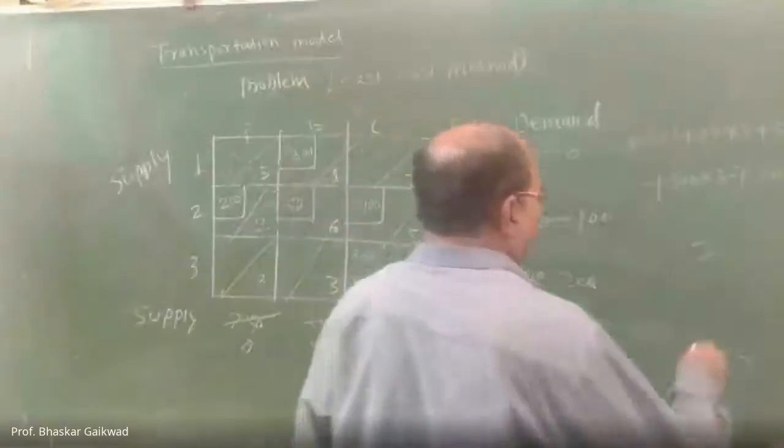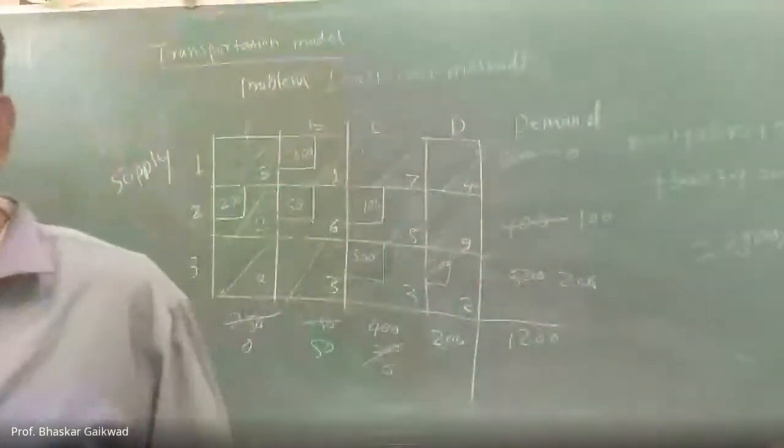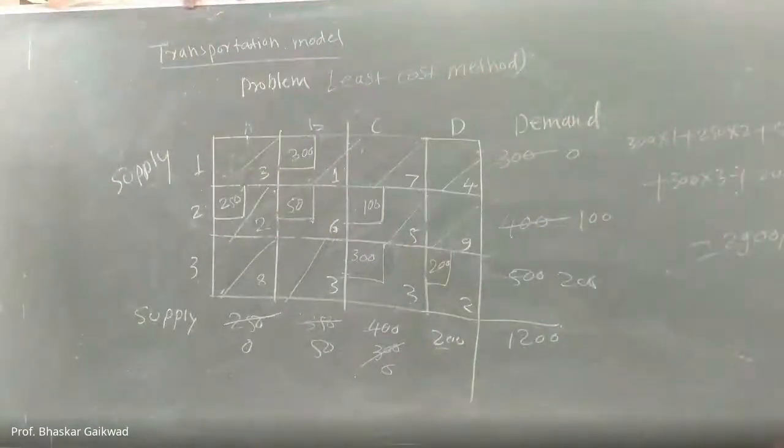So my value is 2,900. So this is the least cost method. Clear?